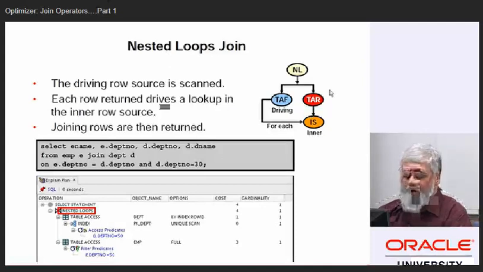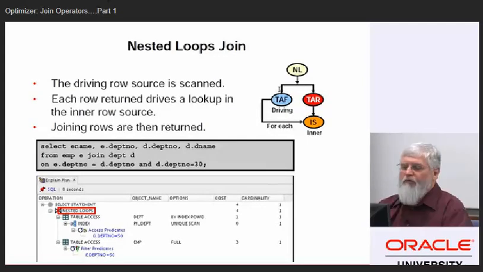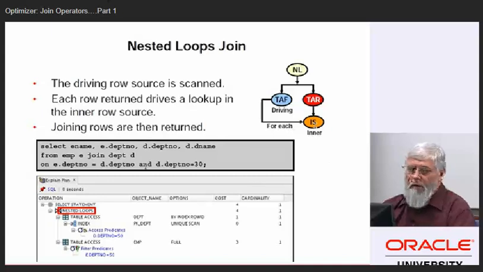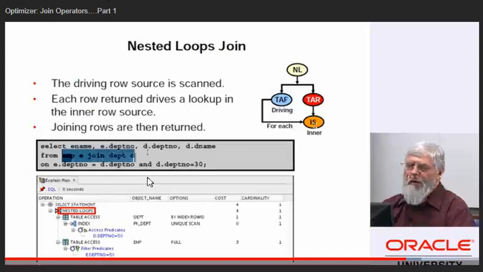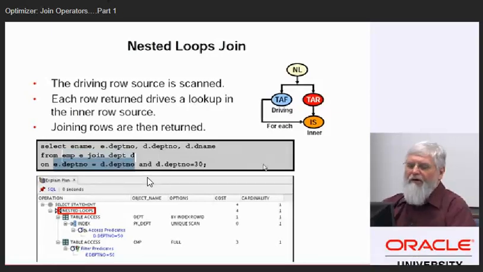So in this case, we're joining the employees to the department. The ON condition is department number is the same on both tables, and this is an additional filter that we can use. So it does a nested loop. It's doing a table access by index row ID on department, and we found an index. We're using the unique scan.